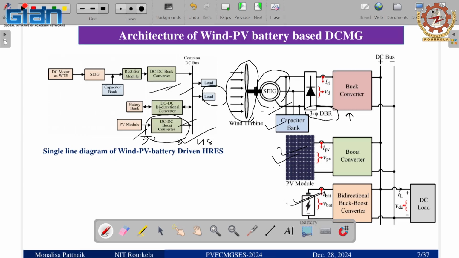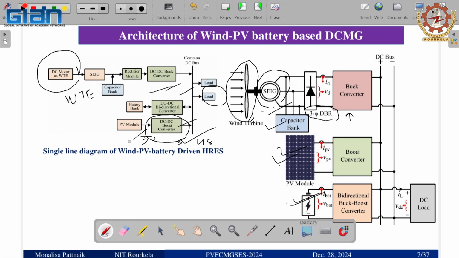Here the DC motor is giving the characteristics of a wind turbine. How to develop that wind turbine is again a separate issue, and it needs two or three more classes to cover. I am just saying that the DC motor we have used is called a wind turbine emulator, WTE, which gives the characteristics of a field wind turbine.